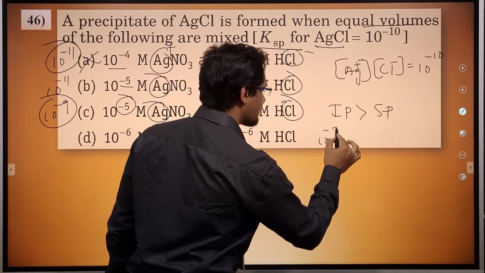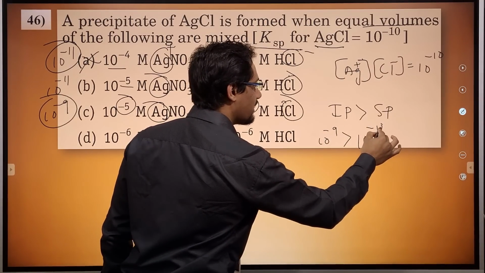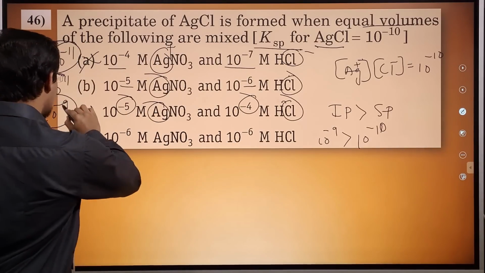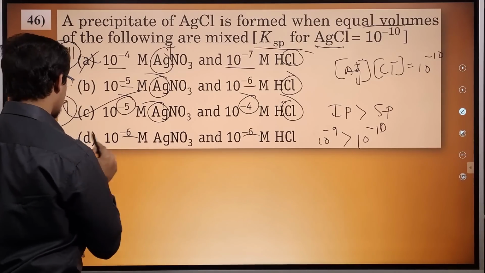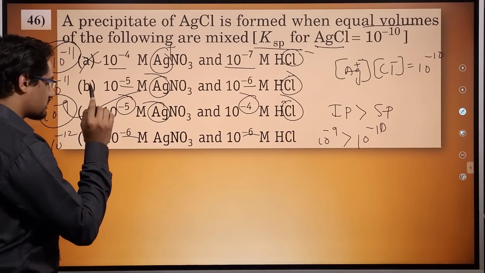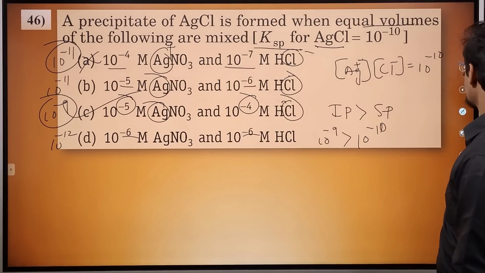This ionic product is greater than 10 to the power minus 10, so this is the one which should have the precipitate. 10 to the power minus 6 and 10 to the power minus 6 gives 10 to the power minus 12, which is still smaller. So the answer is option C.